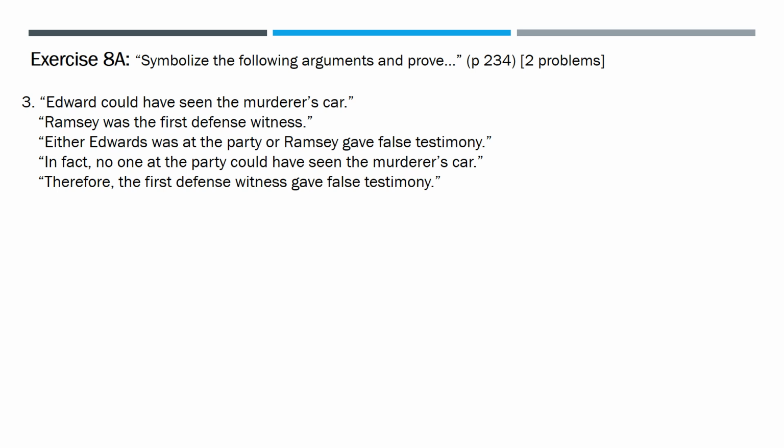But I always fear that I'm going to overcomplicate my translations or fail to be consistent when I'm assigning certain letters to certain expressions. So my advice in this case to me and to you is to look at the conclusion first. So let's do that. We're told that therefore the first defense witness gave false testimony. It's a simple subject-predicate relation. There's no quantifiers.